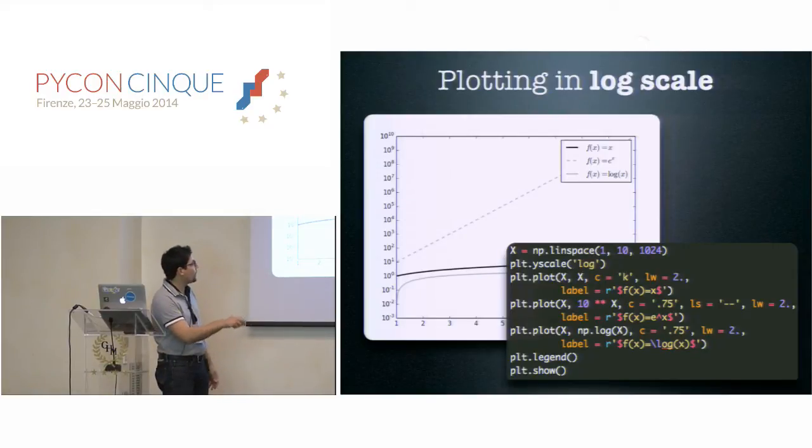In this case also, we use LaTeX annotation as labels for the legend, which is very useful in scientific contexts. Maybe less useful in other contexts, but in scientific stuff it's very useful. Okay? So in this case, this is f of x, this is e to the x, and this is log x.